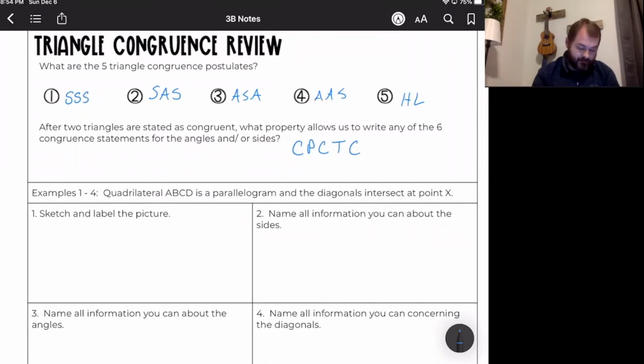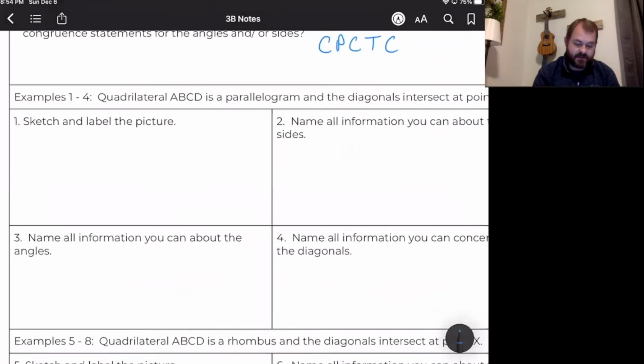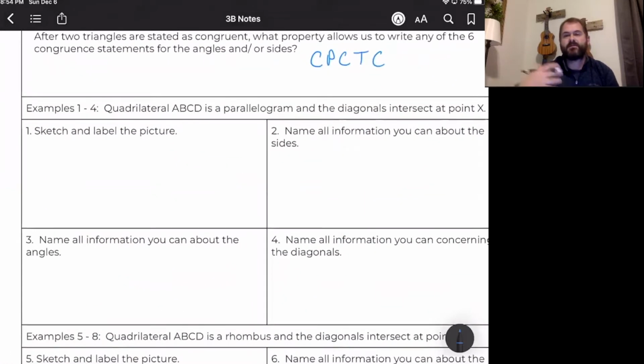So here's what we're going to do now. We're going to practice using some of these properties and doing some sketches to understand what they tell us. In examples 1 through 4, we're using the fact that there is a quadrilateral, ABCD, that is a parallelogram. So we're identifying properties of parallelograms for this. And the diagonals intersect at point X. So the first thing we're going to do is draw that and label it.